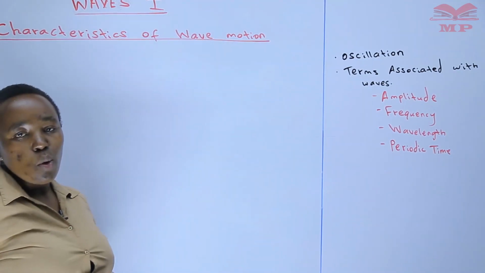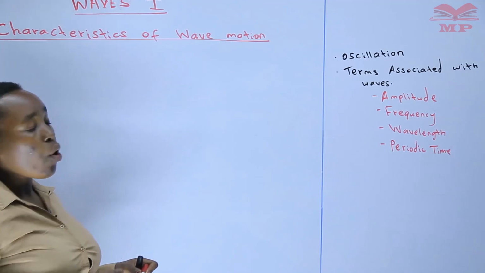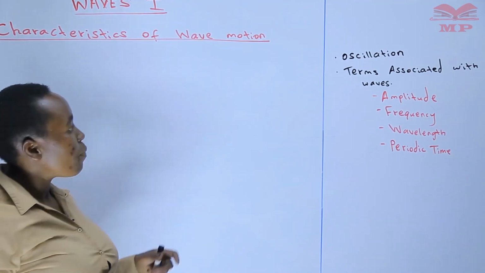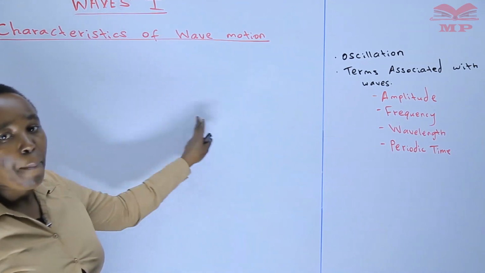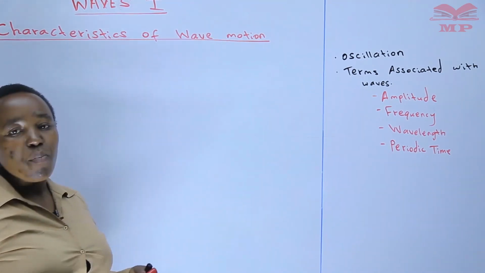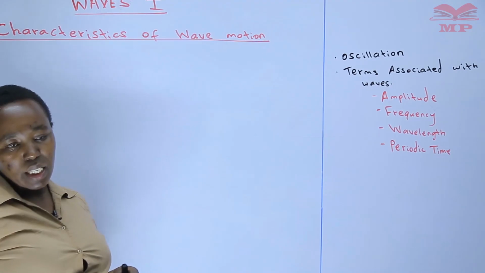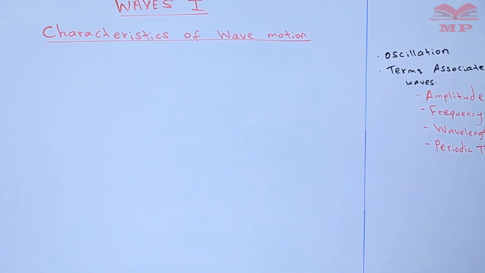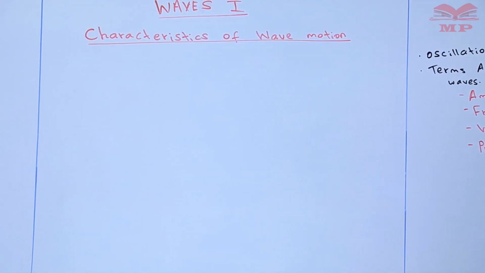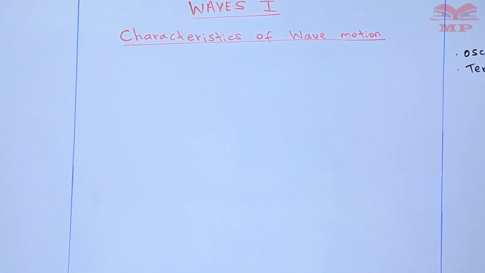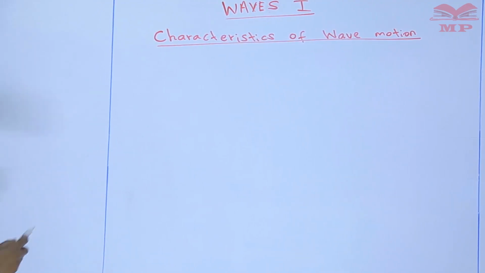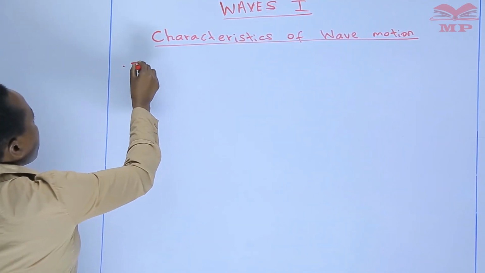Also, we are going to consider the oscillation of a pendulum bob, or when we swing a pendulum bob, the movement that it's going to portray. So with this, we are going to explain with reference to an oscillatory motion of a mass attached to a spring or a swinging pendulum bob.